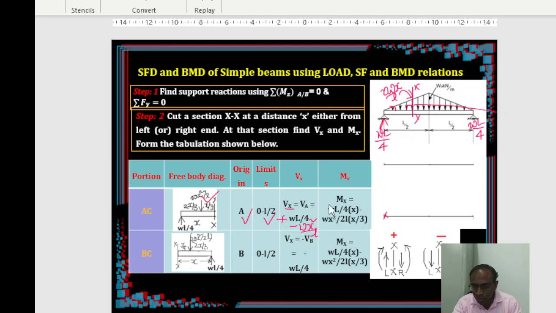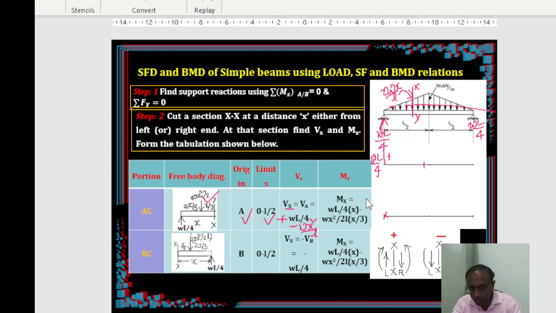So at x equal to 0, the ordinate is plus WL by 4, and at the center the ordinate is 0.